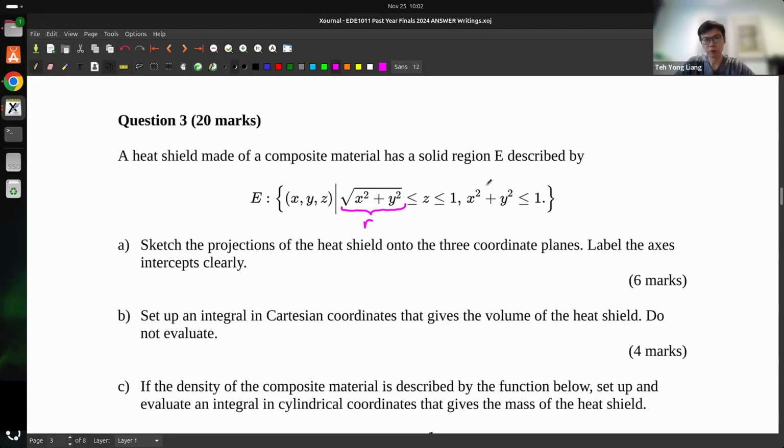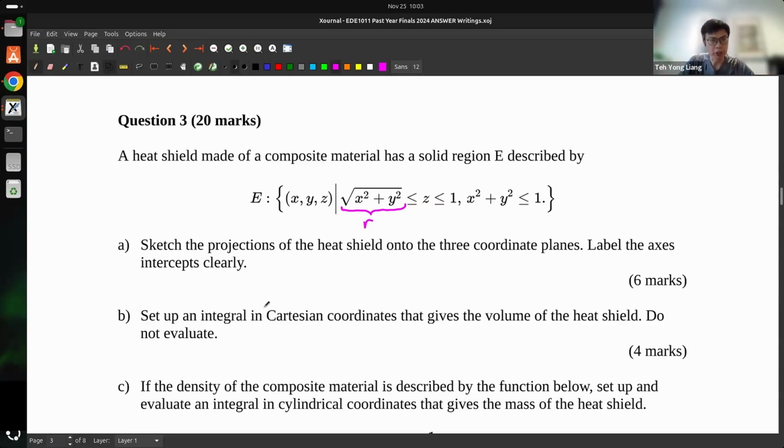It is also bounded by the second inequality, whereby the cone is of radius 1. That means the broadest part of the base of the cone has radius 1, because this is actually just r squared less than or equal to 1, so it's a unit disk.